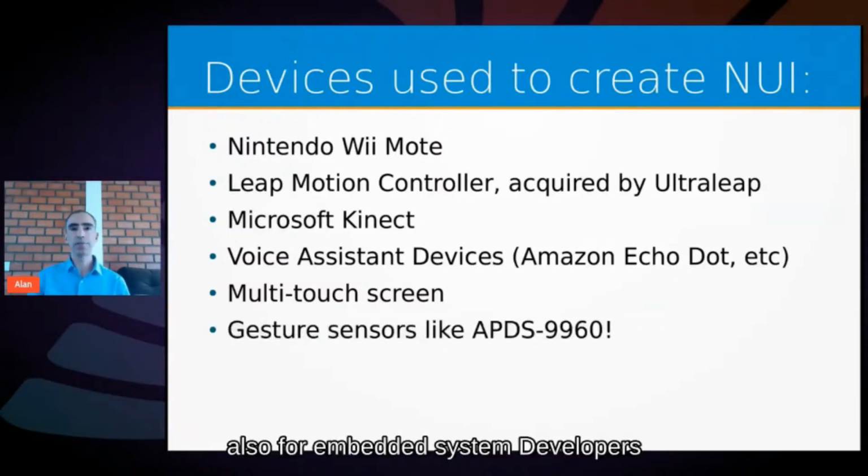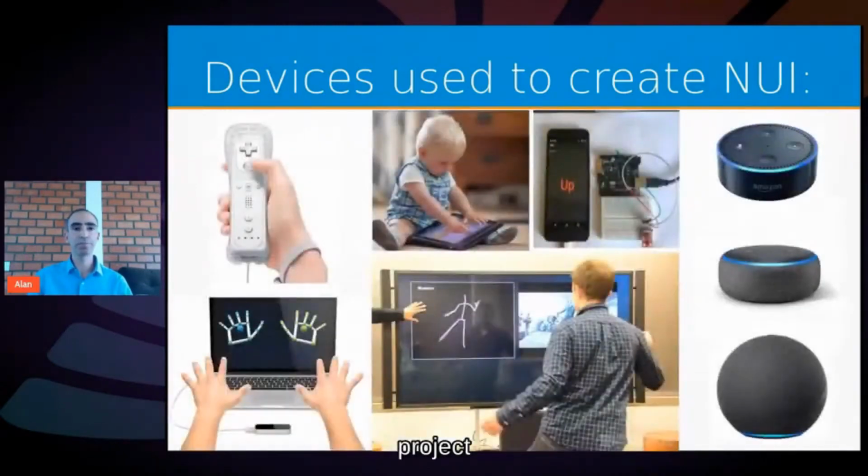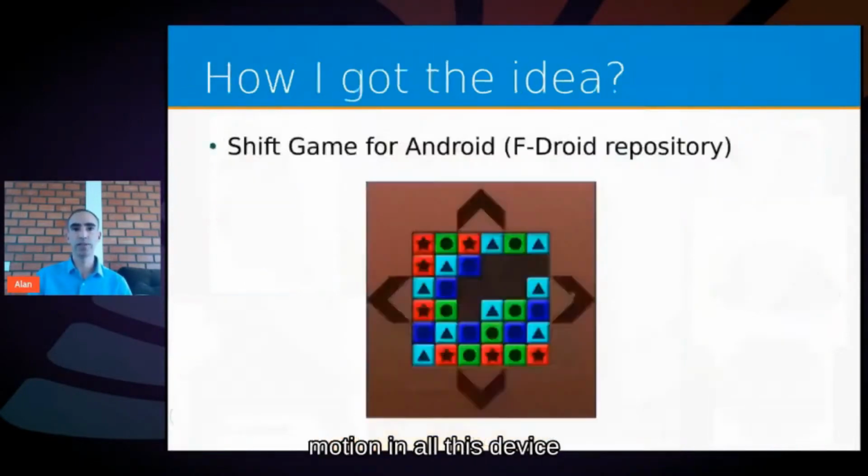And also for embedded system developers or enthusiasts, there are some low-cost gesture sensors like the APDS-9960 device. I am using this device in this project. Here are the devices that I talked about, the Wiimote and Leap Motion, in all these devices.